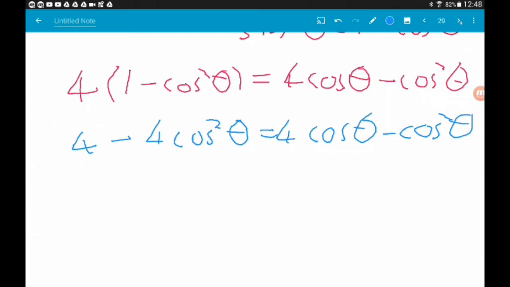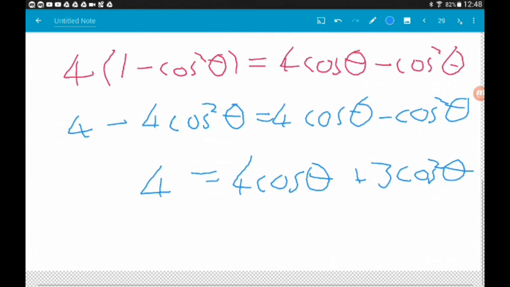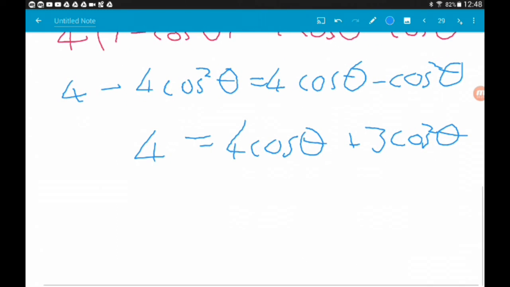So we're going to add 4 cos squared theta. So we're going to have 4 is equal to 4 cos theta, and then, minus cos squared theta add 4 cos squared theta is positive 3 cos squared theta, and then we're just subtracting that 4.